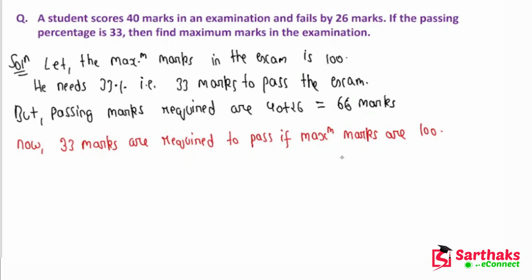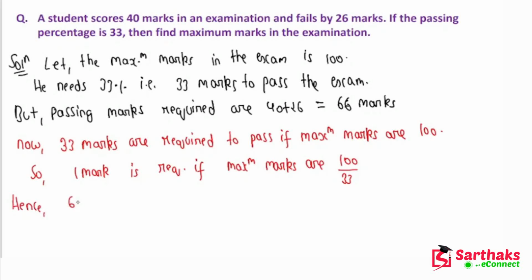So 1 mark is required to pass if maximum marks are 100 divided by 33. So 1 mark is required if maximum marks are 100 by 33.